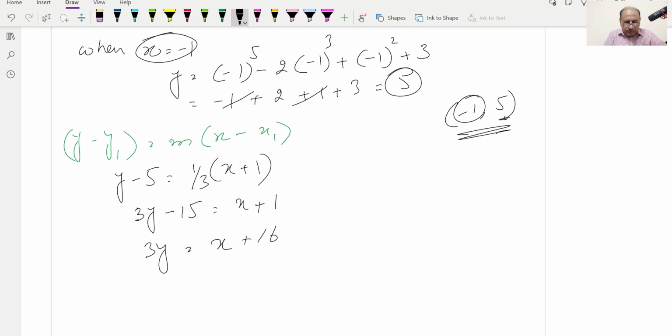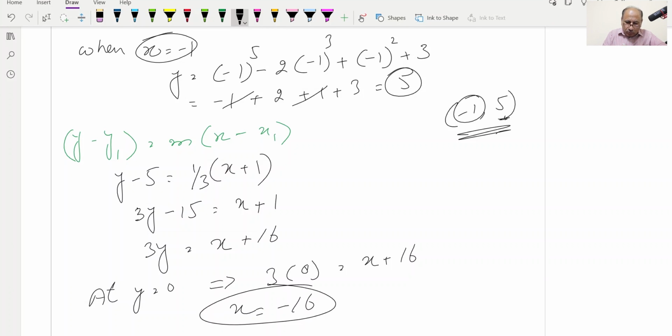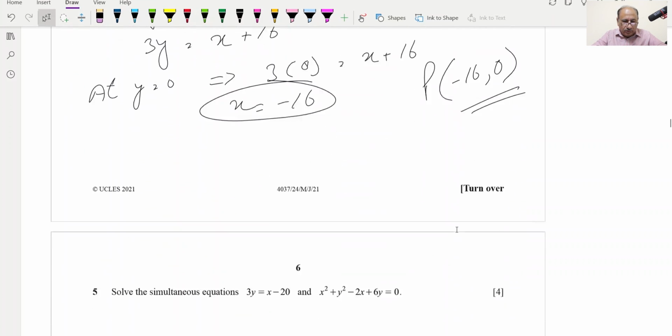Now at y is equal to 0, what will be this equation? This implies 3 into 0 is equal to x plus 16. So this implies x will be equal to -16. So the coordinates of the point P which we were supposed to find are -16 and 0, and this will be our final answer. Hopefully you understood this.